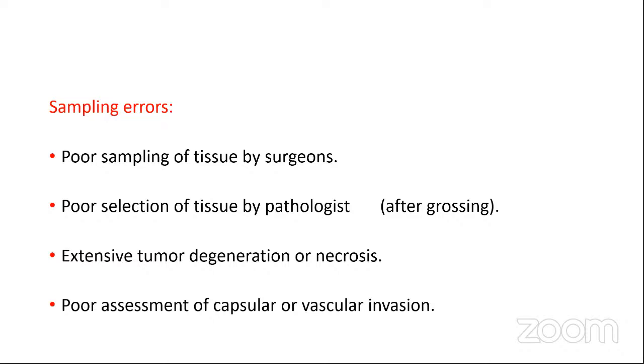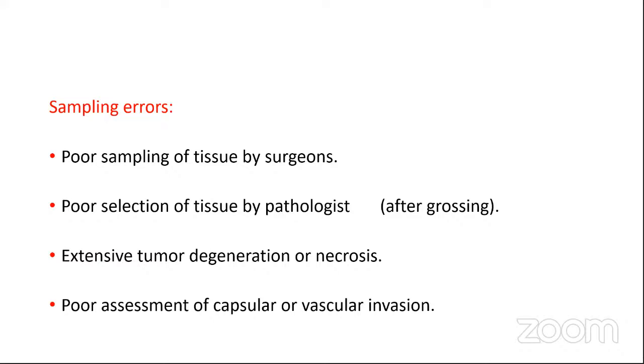The other thing is error done by pathologists, which is poor selection of the tissue by pathologists after grossing the specimen on the grossing bench. Another cause of sampling errors is extensive tumor degeneration and necrosis, when we freeze the tissue and there's only necrosis or degeneration in the tissue that has been chosen for frozen section by pathologists.